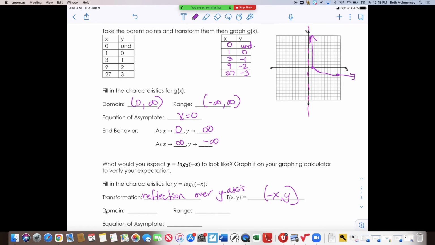So I'm going to pop my graphing calculator back up, and I'd like you to do this on your graphing calculator as well. I'll come back to this screen.